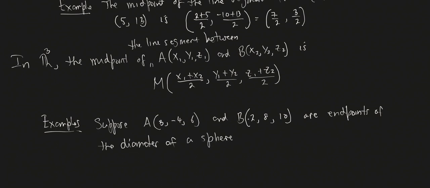Right? So suppose we have these endpoints of the diameter of the sphere, and obviously that means we're in 3 space, and we can see we have our 3 coordinates there. What is the equation of the sphere?